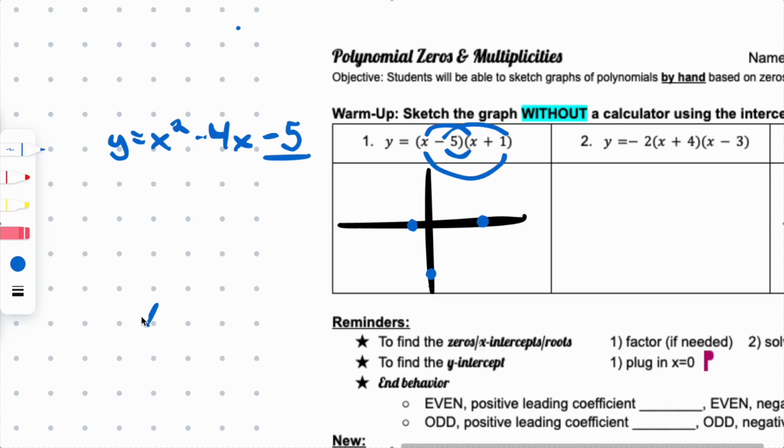That just means it's going to be going down like this or going up like that for both. Since it has a positive leading coefficient, it's going to go up in both directions.